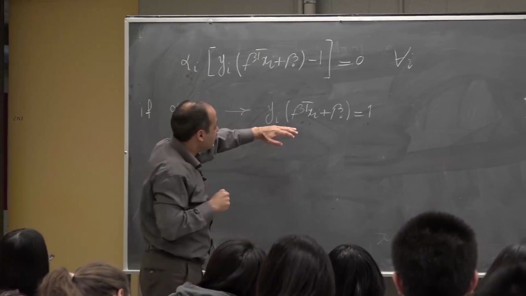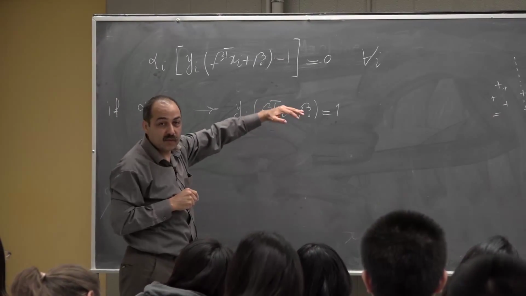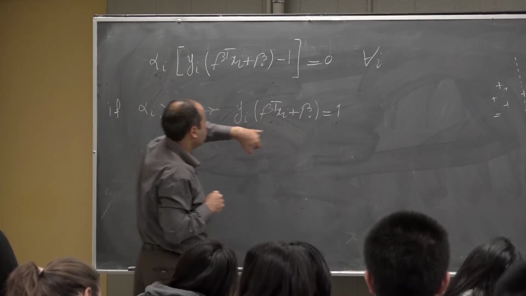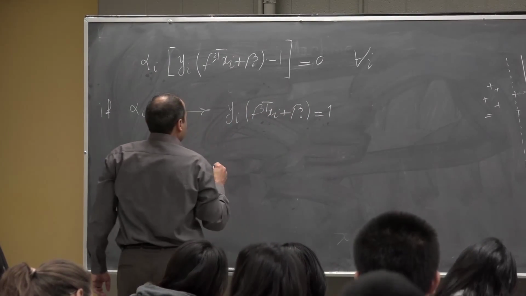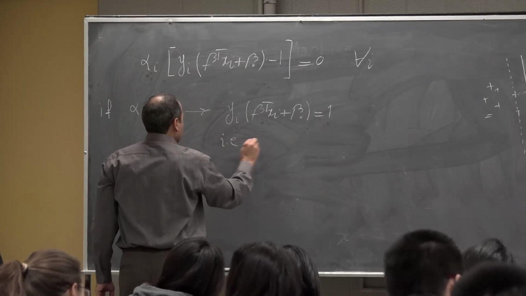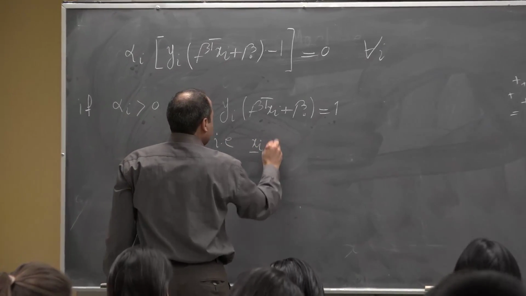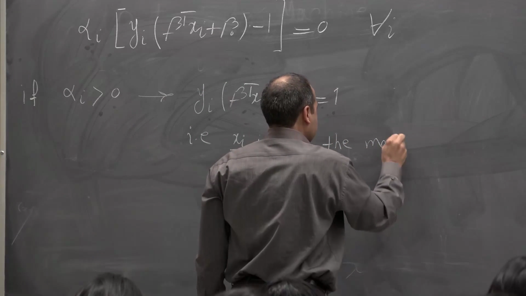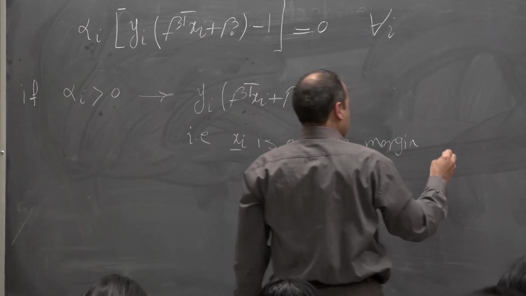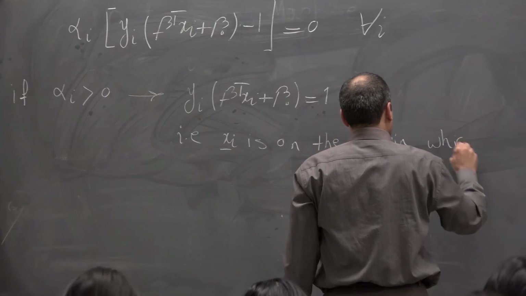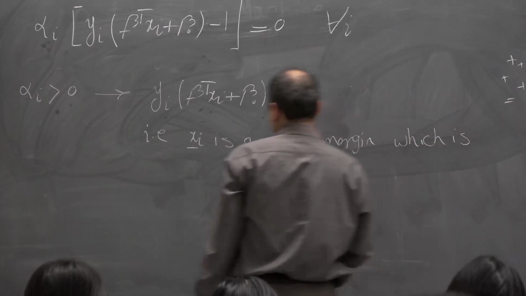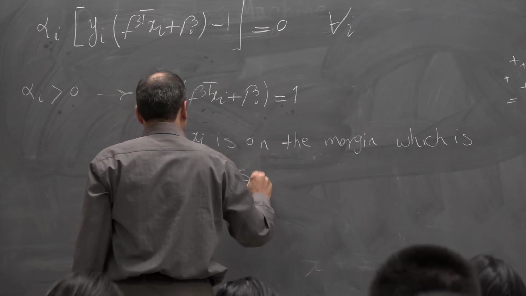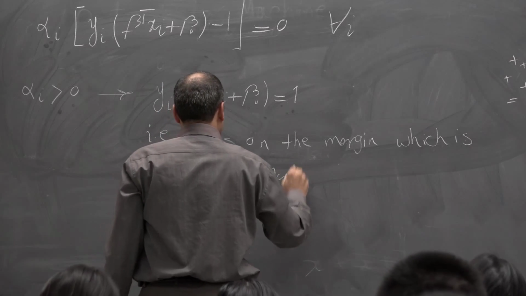We call these points that are on the margin support vectors. So this means that x_i is on the margin, which is called a support vector.